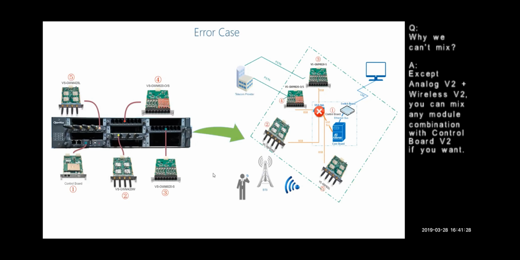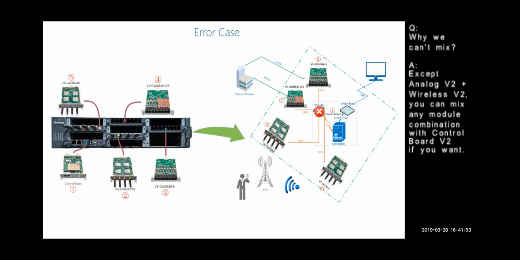As you can see in this error case, this is the only situation you cannot do. That means you cannot mix V2 analog card and V2 wireless card. You can do others except this situation.